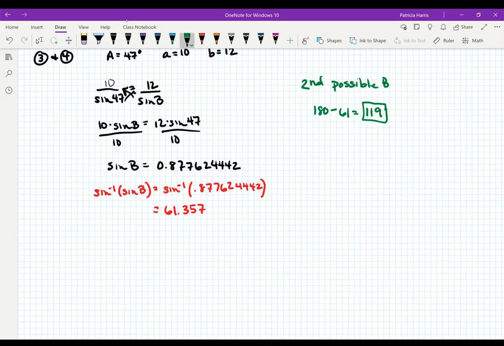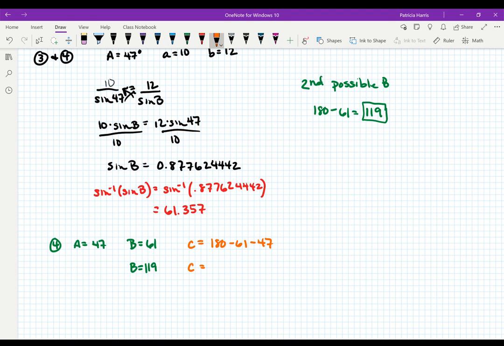Okay, let's talk about problem 4. Problem 4 says, referencing the question above, what are the possible angles for angle C? So I have angle A is 47. I have 2 possible B's. Now I have to find my possible C's. To do that, I'm going to subtract from 180. So 180 minus 61 minus 47.